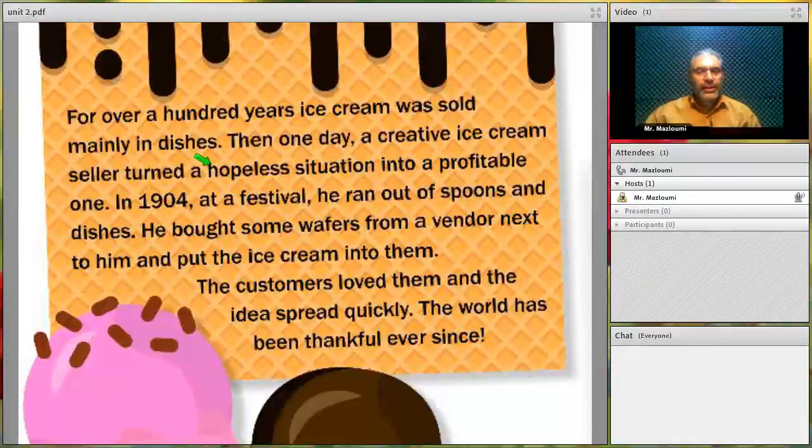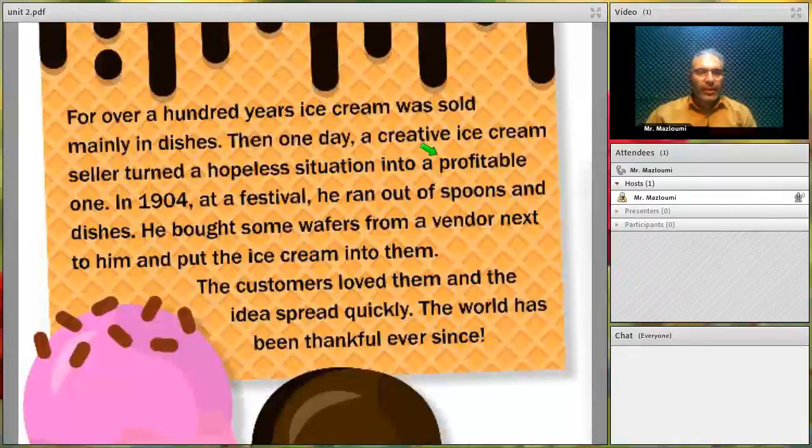Turned a hopeless, desperate situation into a profitable one. When something is profitable, it brings you money. The opposite is unprofitable. So profitable means you make a profit, unprofitable means you make a loss.